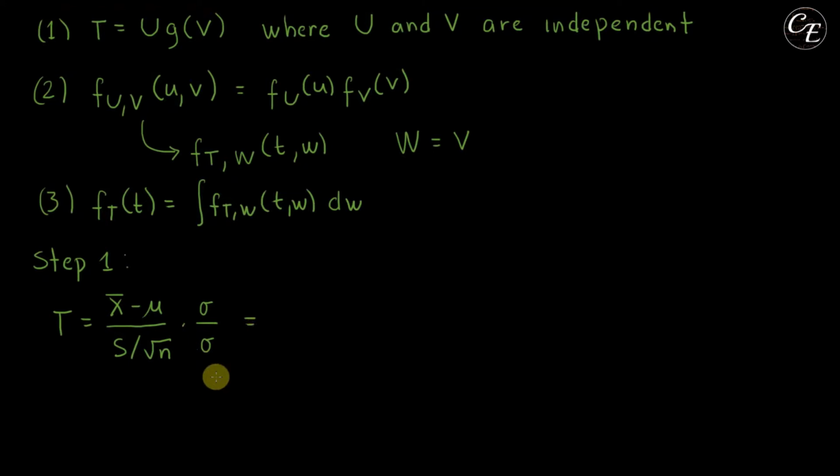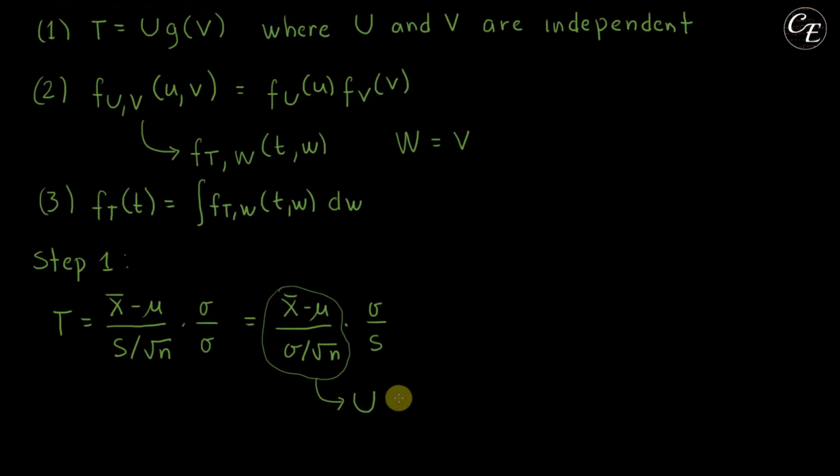Then we can replace this s here by sigma, so we have sigma over square root of n, then times sigma over s. And then for this expression, we can designate it as u. And some of you already know that this expression has a standard normal distribution.